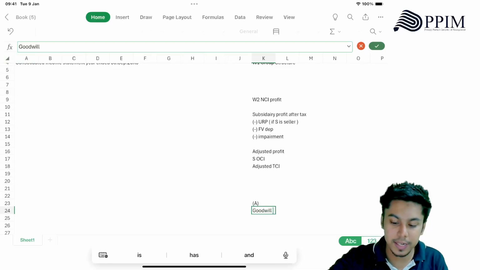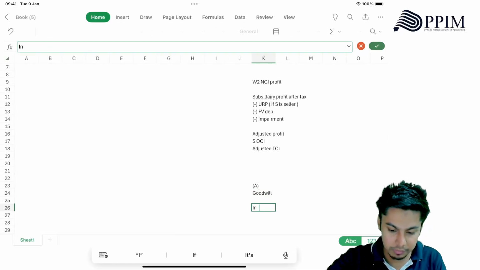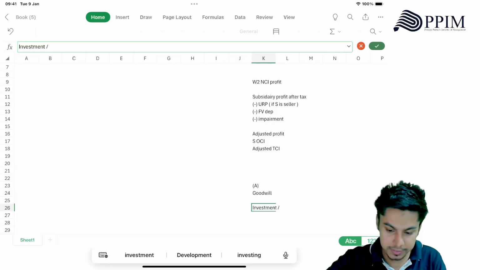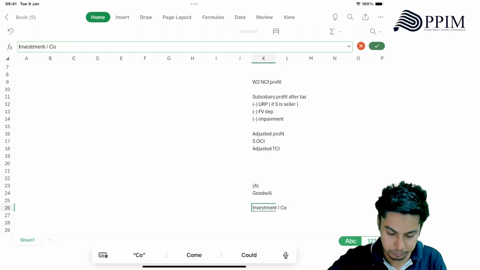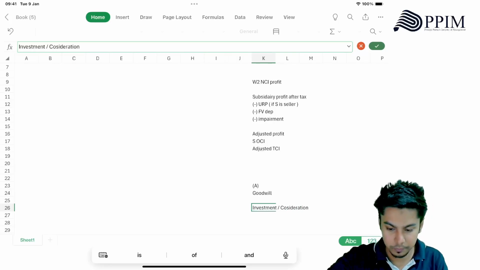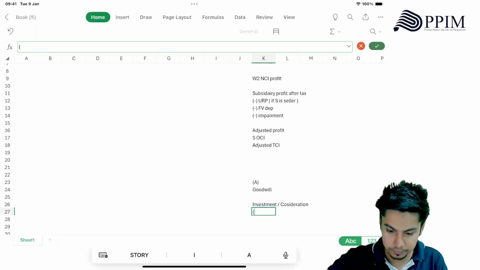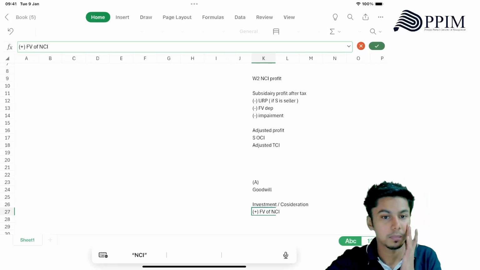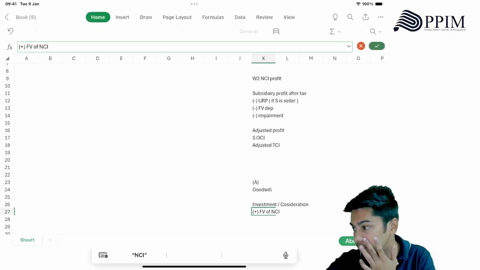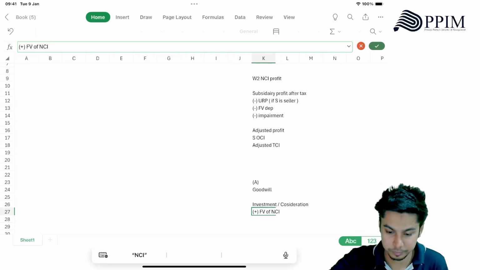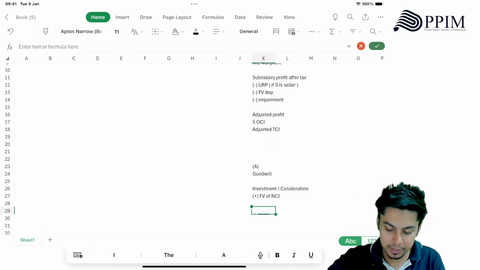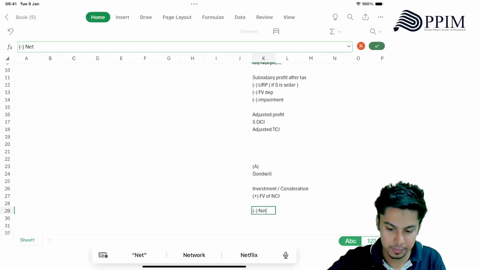Now guys, start writing the goodwill equation for me. Investment slash consideration, plus fair value of NCI, minus net assets at acquisition.